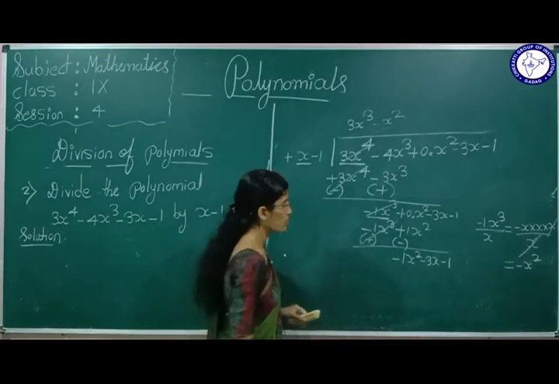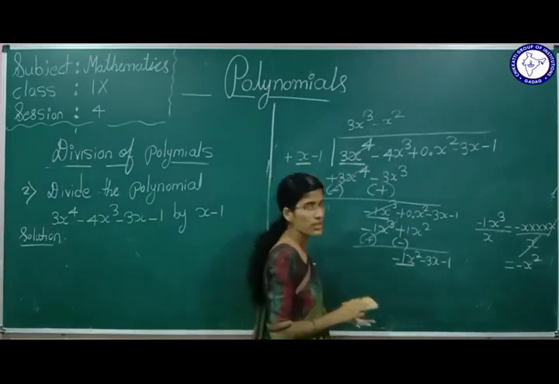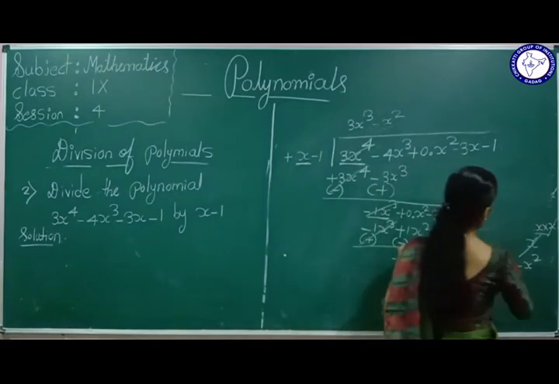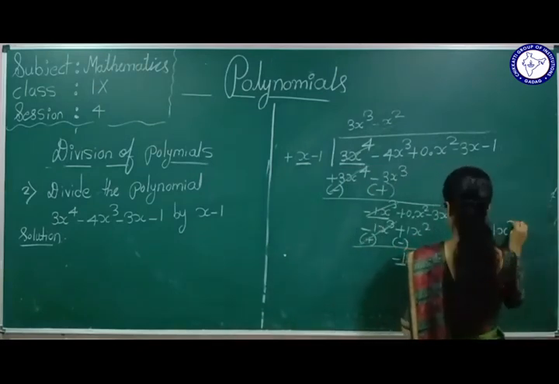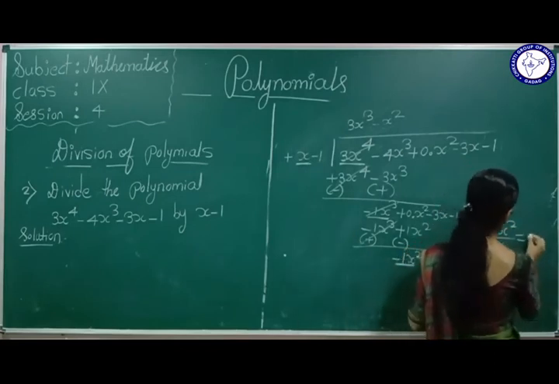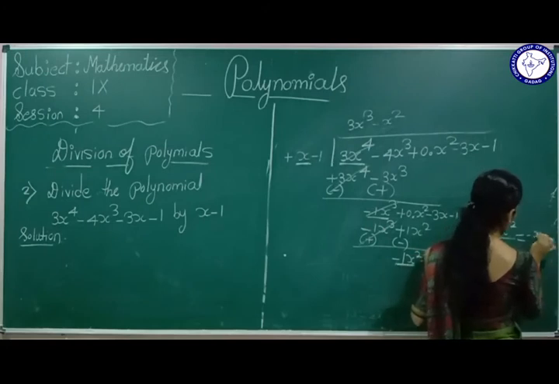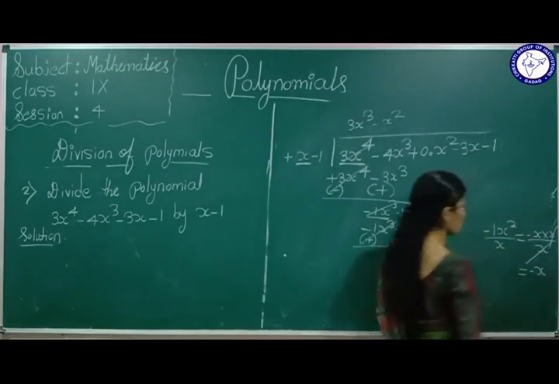Again what you do? The first term of the new dividend divided by the first term of the divisor, you divide it. See here, minus 1x square divided by x. What will you get? Minus x square means x is multiplied two times, divided by x, one x is going to get cancelled, minus x is remaining.